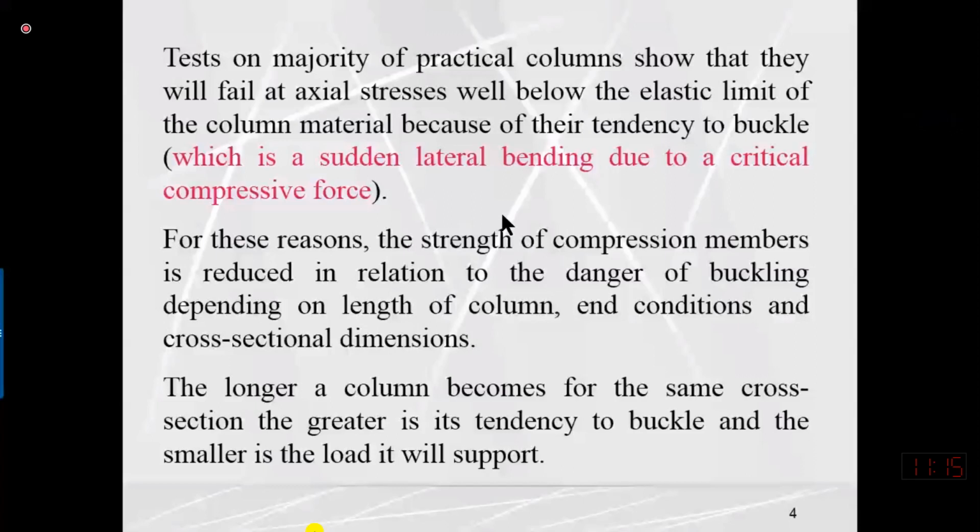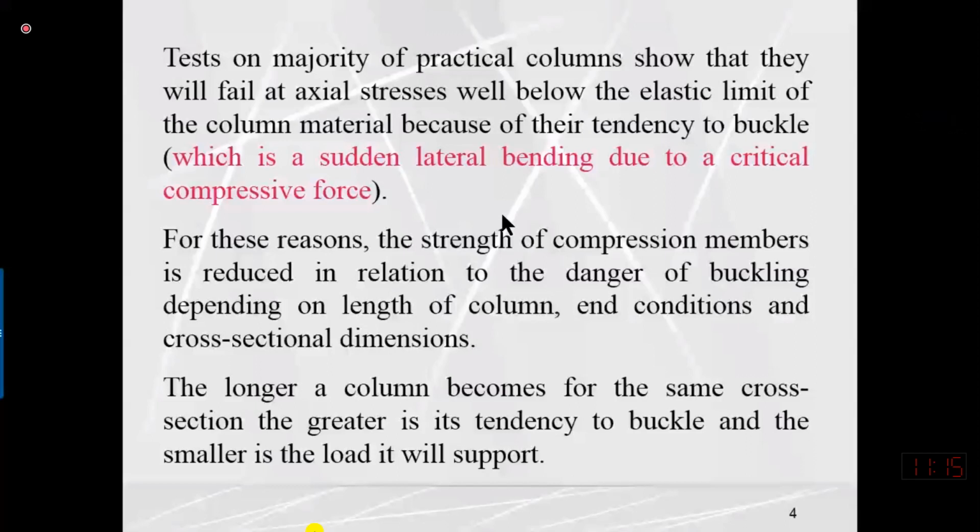But here, in the case of a compression member, it is not a function of area, but rather of one parameter which is referred to as slenderness ratio. In slenderness ratio, we have effective length over radius of gyration. We will see this in the upcoming slide. So it is a function of length, end condition, and cross-section dimension. Cross-section means radius of gyration is also depending upon cross-section.